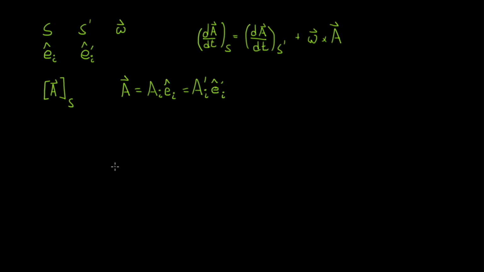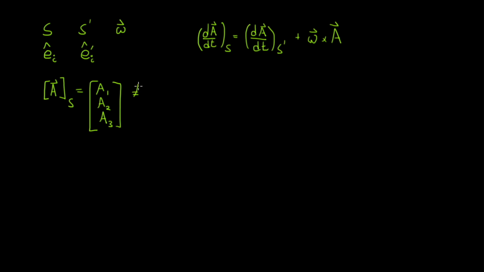Now, when I talk about square bracket A sub S, I'm talking about something totally different. What I'm talking about here is the mathematical object of the vector expressed in the e_i basis. So this here is A1, A2, A3, okay?